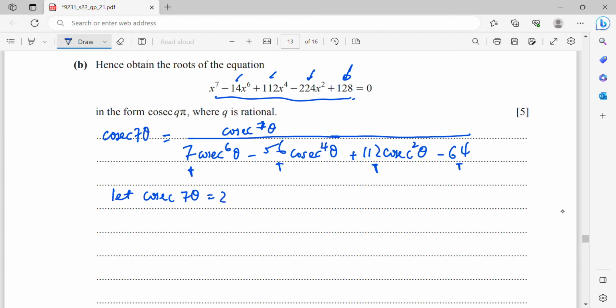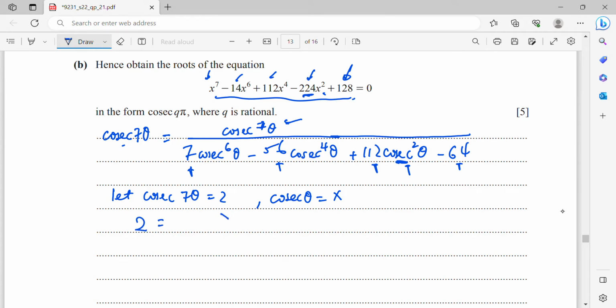So once I let this be 2, I need x. So it means that this is going to be my x, the cosec. Okay, all this, you see, 112 becomes 224, x squared. This is cosec squared. So it means that my cosec theta equals to x. Alright, so with this assumption, I will get my left hand side is 2.